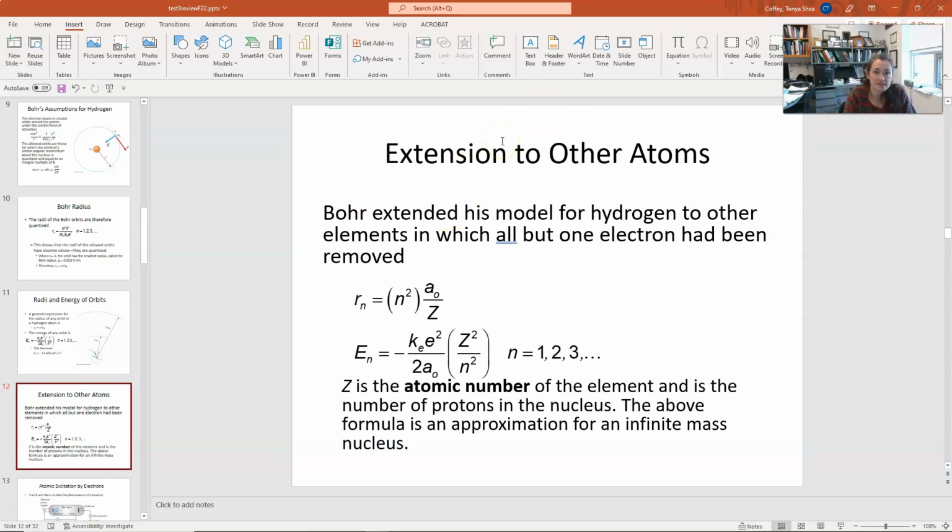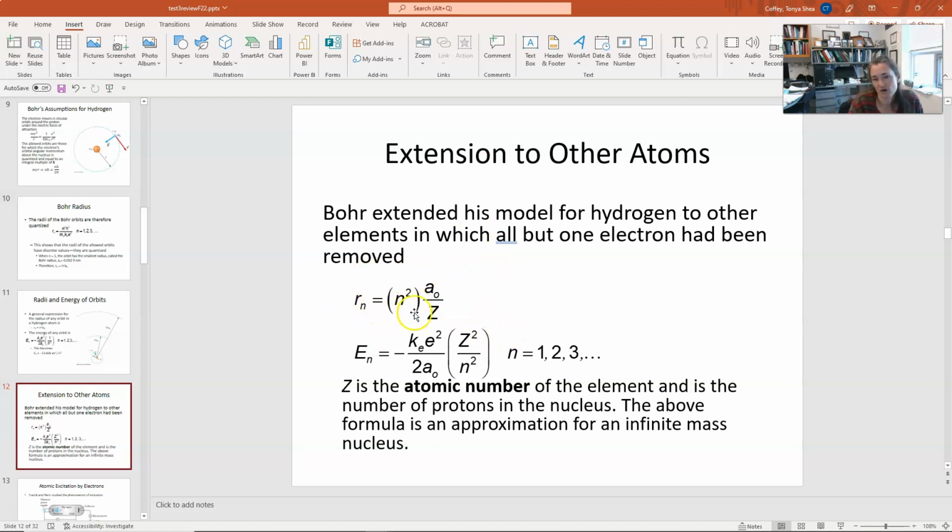Now, you can take this Bohr model and extend it to other atoms if and only if those atoms still only have one electron. So you can't have multiple electrons, but you can have, for example, an ion, right? An ion which has one electron but more than one proton, okay? In that case, those electrons are more tightly bound to the nucleus, which changes the radius.